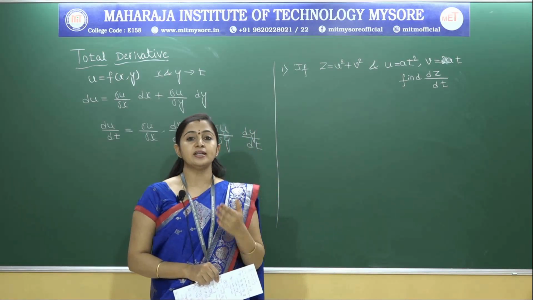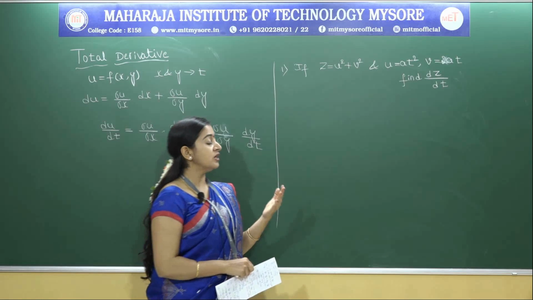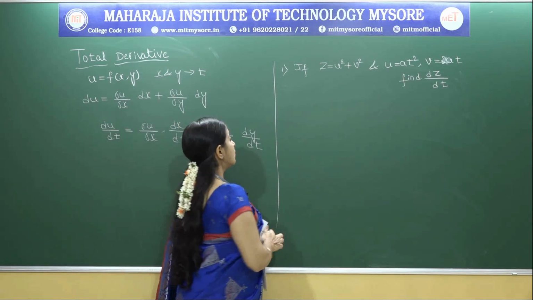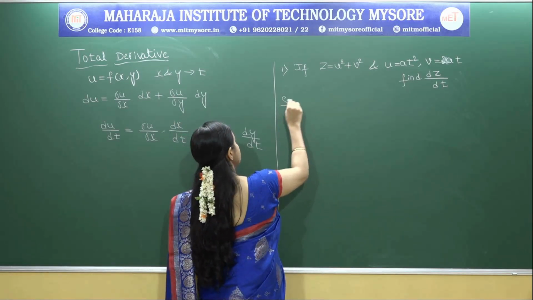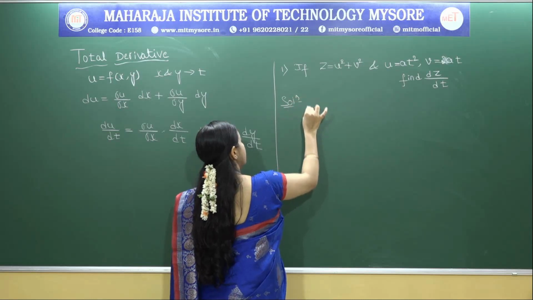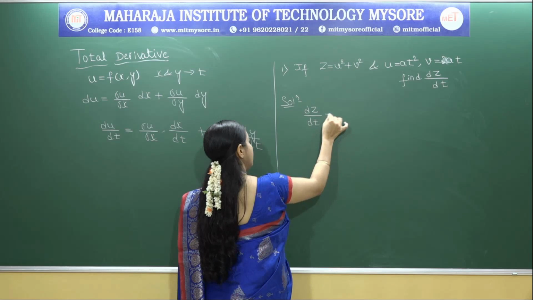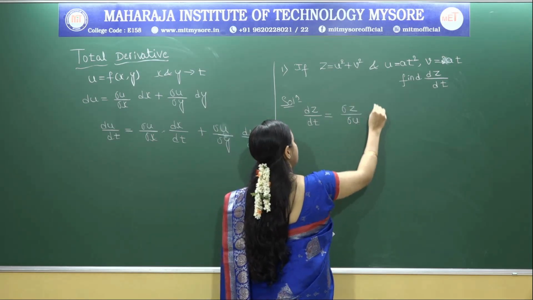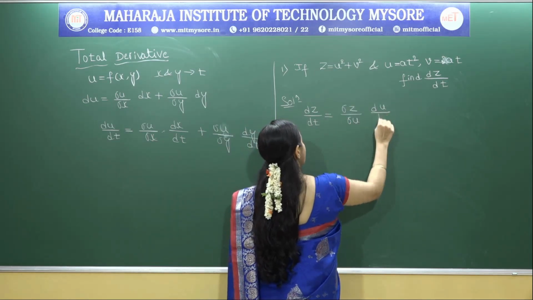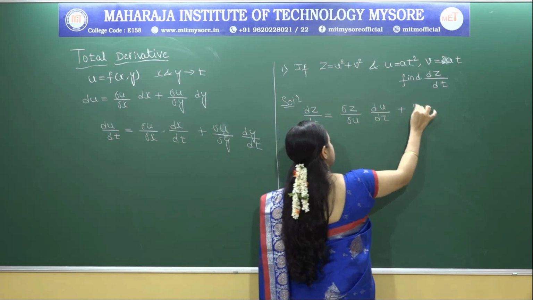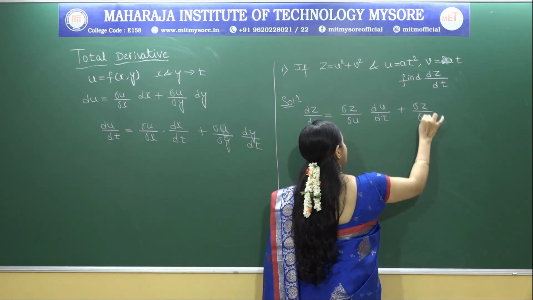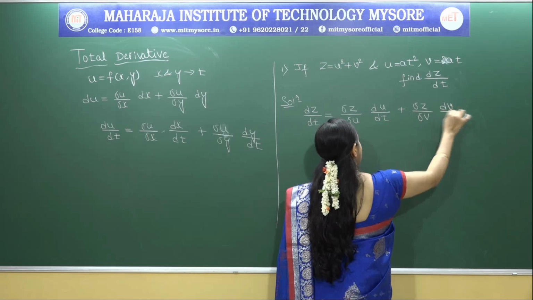So you have to find dz divided by dt. First, construct the formula. Write the solution: here z depends on the single variable t, so first you write del z divided by del u, du divided by dt, plus del z divided by del v, dv divided by dt.